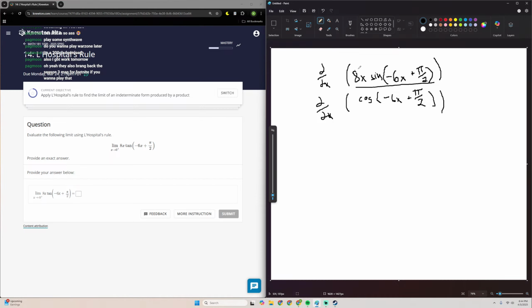Okay. The derivative of this is going to be annoying because this is going to be product rule. So this is 8 times sine negative 6x plus pi over 2, plus 8x cosine negative 6x.